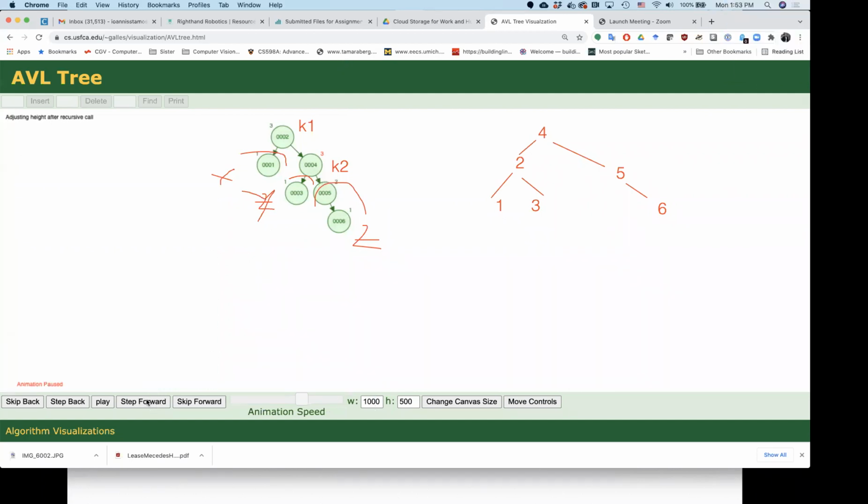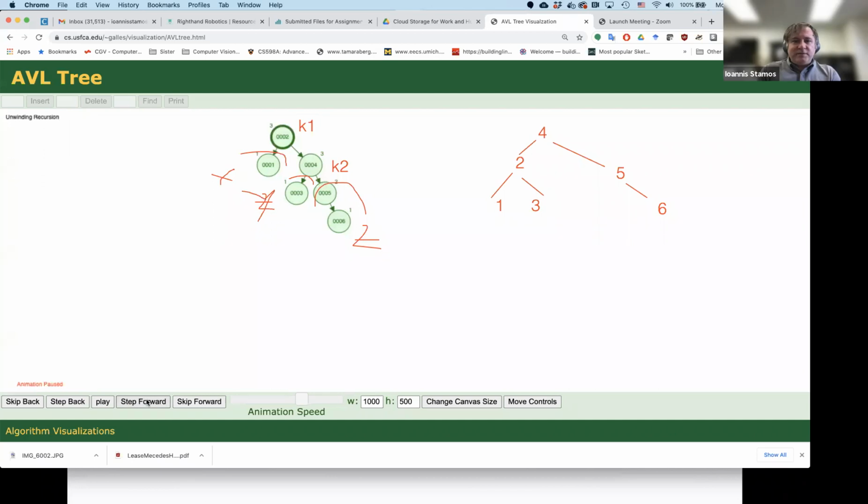Hey, but wouldn't you need to add something to the left side of 5? Didn't you need to add something to the left side? No, no. Unless I made a mistake. If you look at the way it is right now, K1 and K2 are your nodes, 4 and 2. These are the ones that are being put to the top.